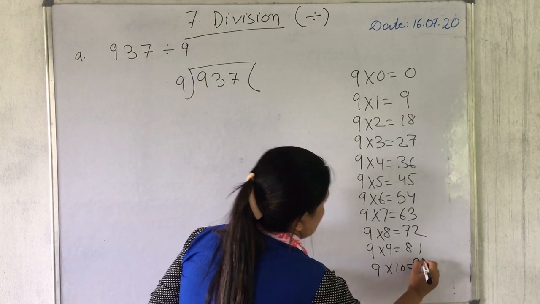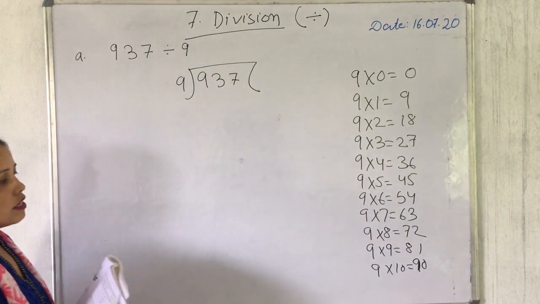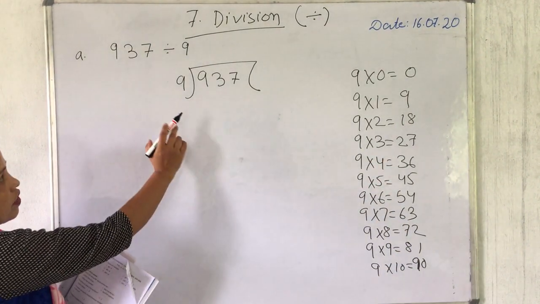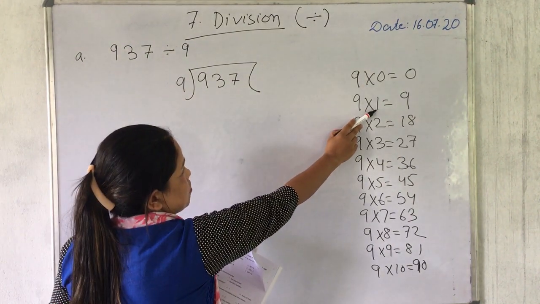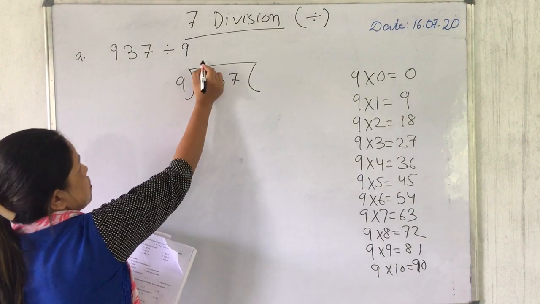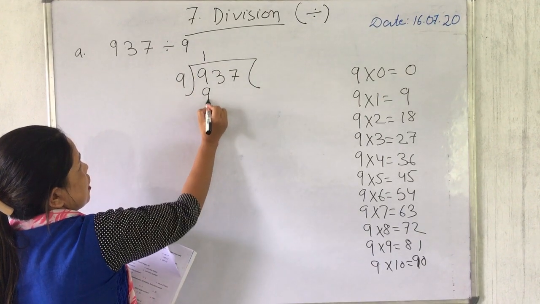So like this you have to write the table at the right hand side of your copy. So now look here, in the 9 table, how many times does 9 go? Look here, how many times? 1 time, isn't it? So right here, 9 ones are 9.